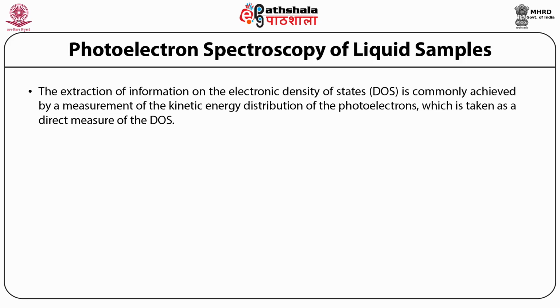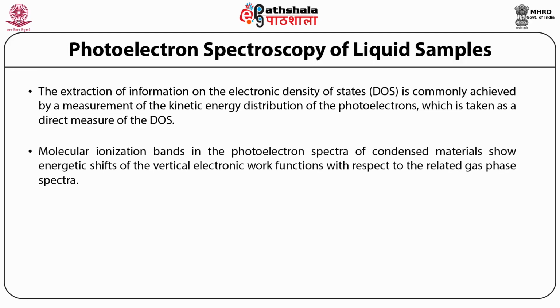Koopmans' theorem attributes the measured mean kinetic energies E kinetic of the spectral feature to the corresponding vertical ionization energies IP in a single electron excitation model via IP is equal to h nu minus E kinetic.